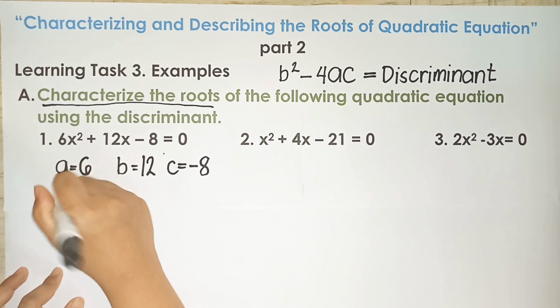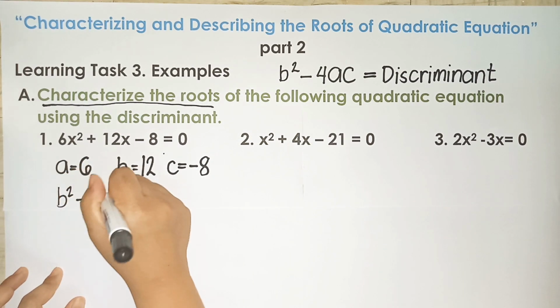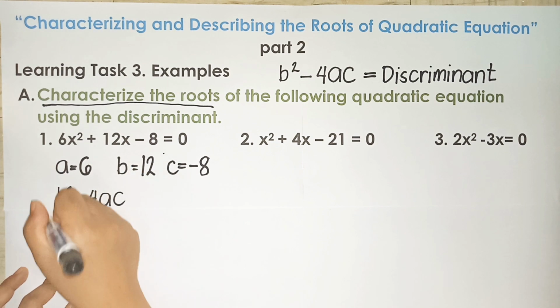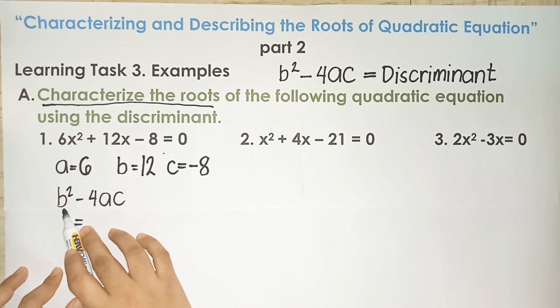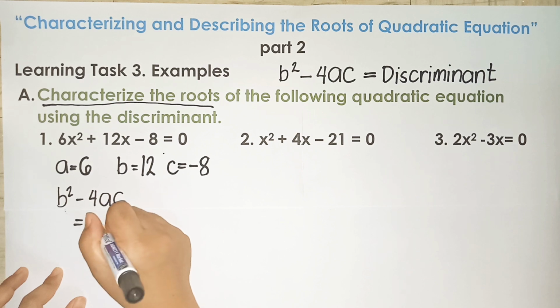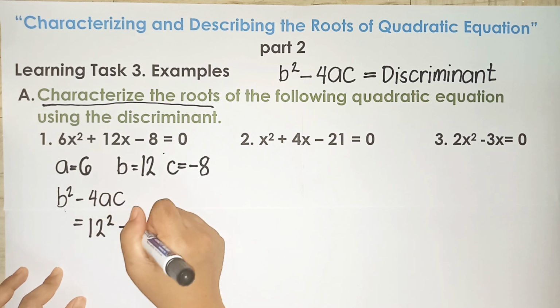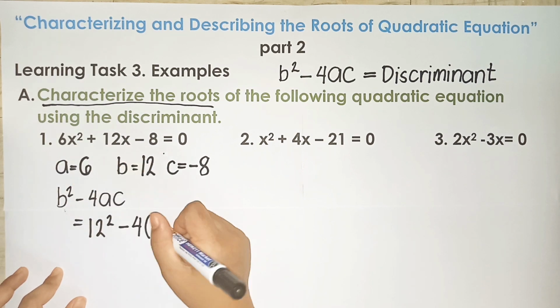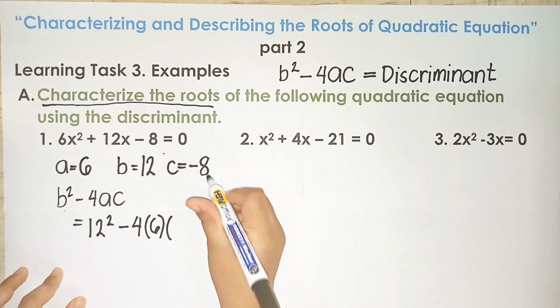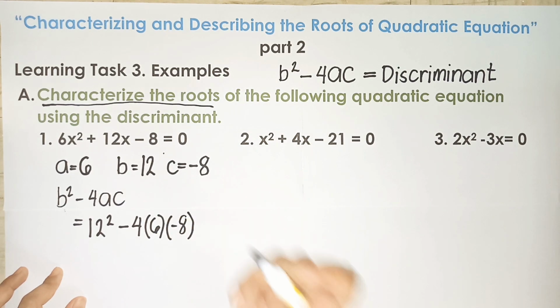So let's use this formula, b squared minus 4ac. We have b squared, which will be 12 squared, minus 4 times a, which is 6, and c, which is negative 8.